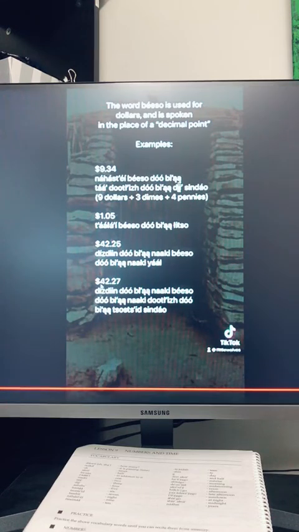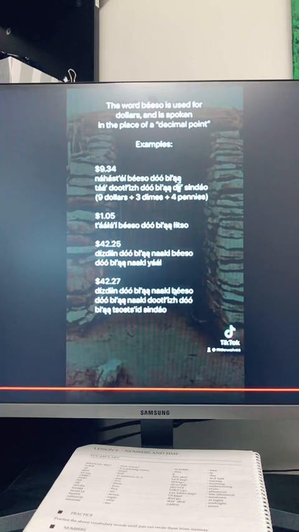Okay, next example, $42.27. Disdeen doba'a na ki, 42. Peso, dollars. Doba'a and na ki dot is, 2 dimes. Doba'a and, so it's sendao, 7 pennies.